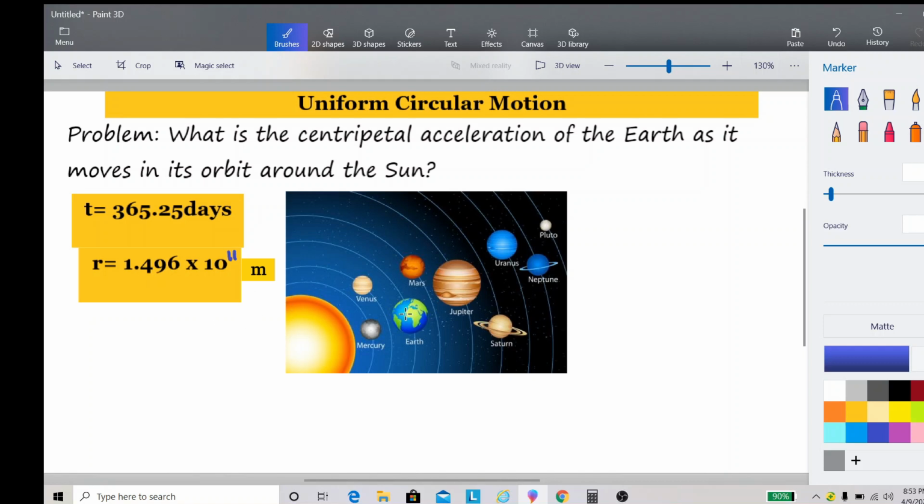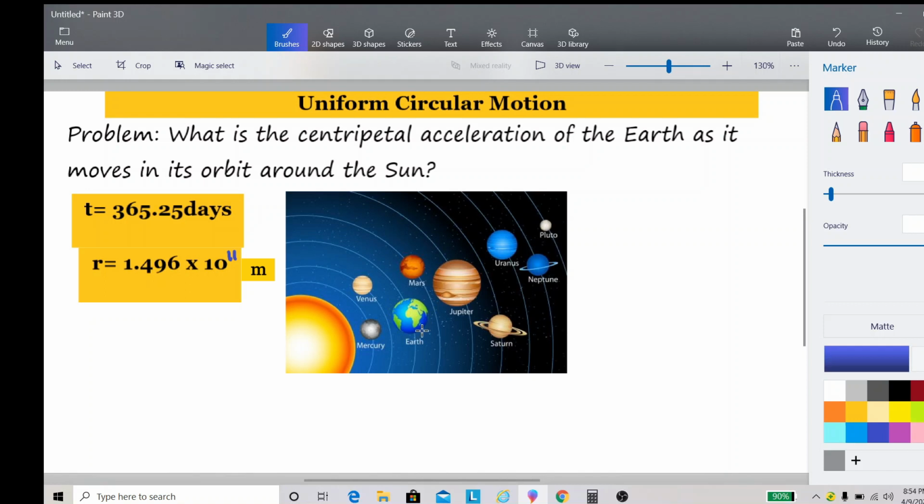So kung meron tayong Earth, pangatlo pala yung Earth, ano? Mercury, Venus, Earth, Mars, Jupiter. These are called the inner planets, and these are the outer planets. Okay.